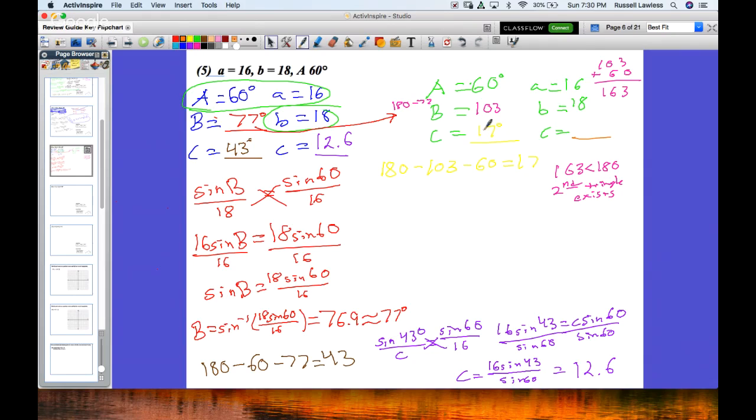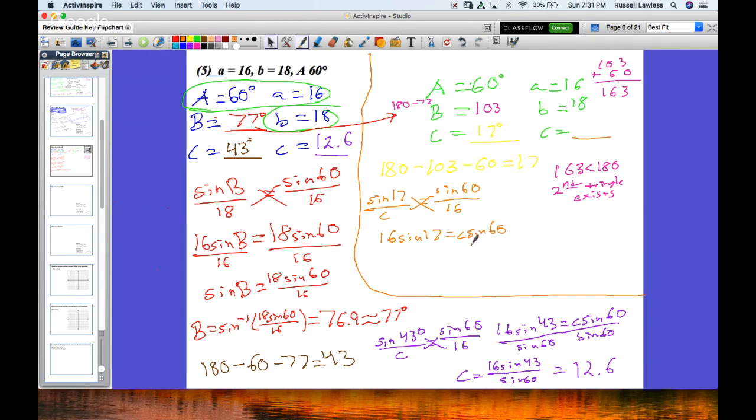We found 17 degrees by just doing 180 minus 103. I'm going to divide these two just so that we know that they're two different triangles. And so then to find side C, I'm going to do sine of 17 over C equal to the sine of 60 over 16. Cross multiply to get 16 sine of 17 equal to C sine of 60.